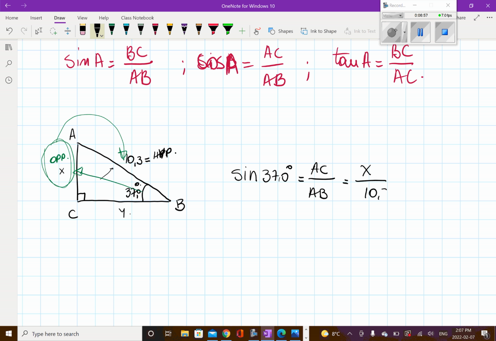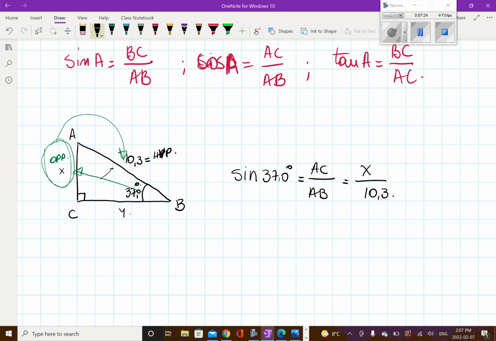Now in your calculator, set the mode of your calculator to degrees, make sure that this is the correct one, then sine of 37 is a value, and that value is 0.6018 and so on.